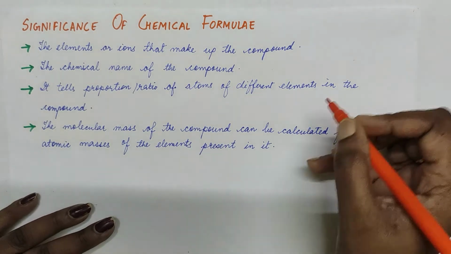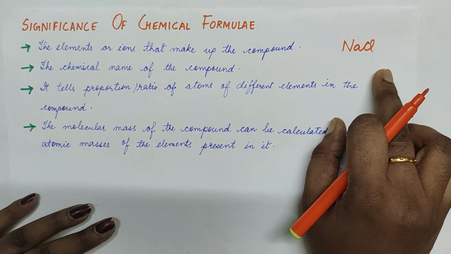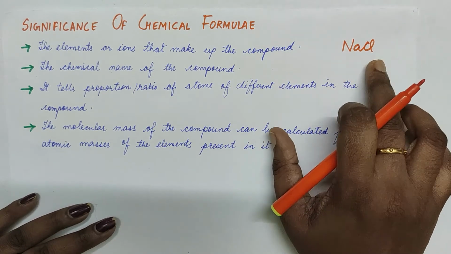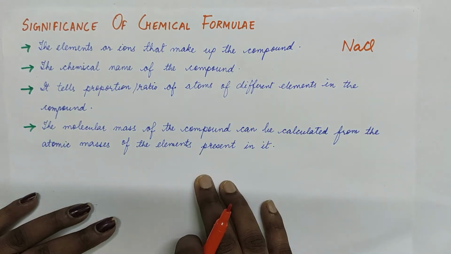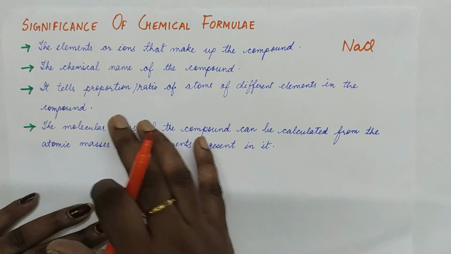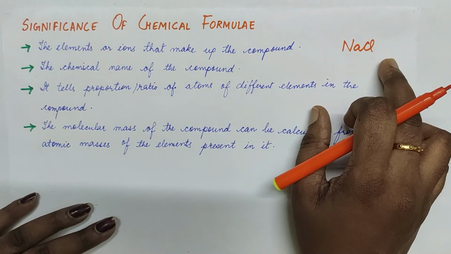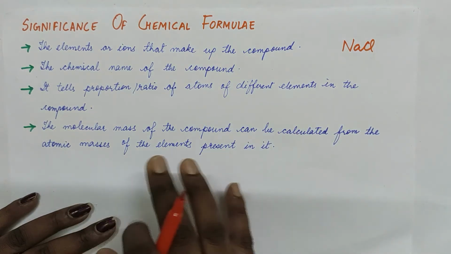For example, if I write NaCl, that is the formula of sodium chloride, then I come to know that sodium and chlorine are the two elements which make up this compound. I can also come to know about the chemical name of the compound. It tells me the proportion or the ratio of the atoms of different elements in the compound. Also, it tells about the molecular formula of the compound.